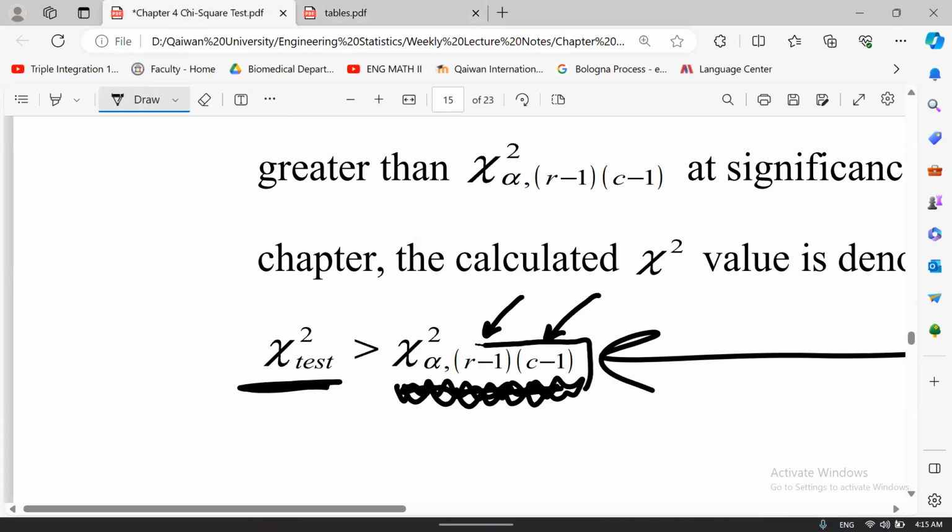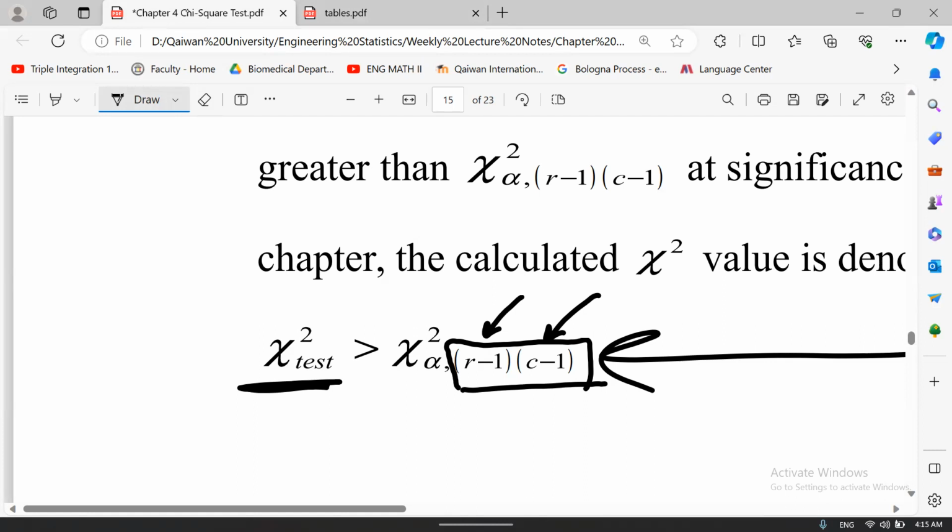This is the multiplication of these two, R minus 1 times C minus 1. You could write down any of them first. In the F distribution, we have two components for the degrees of freedom. That's what I confused it with.